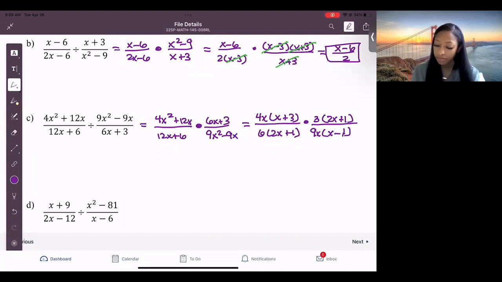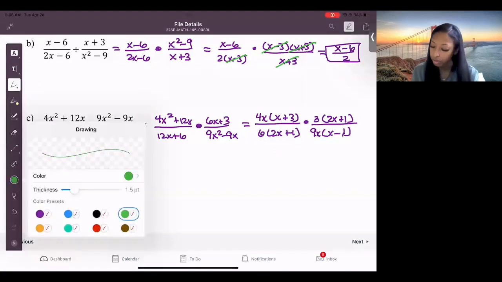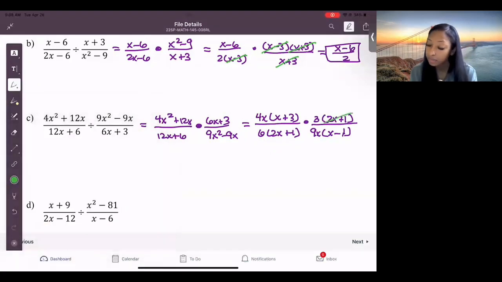All right, then from here, what cancels? The 2x plus 1s cancel. The x's cancel. We have an x here and an x here. And then for the rest of these, you have to play around with the numerical factors.